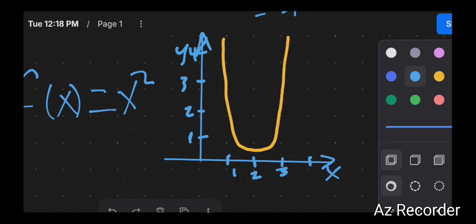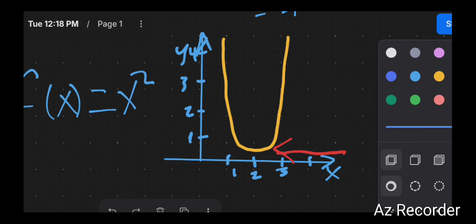Now I want us to try approaching 2 from the left. Approaching 2 from the left means that we start from somewhere up and we are approaching 2 in the left direction. Is that okay?